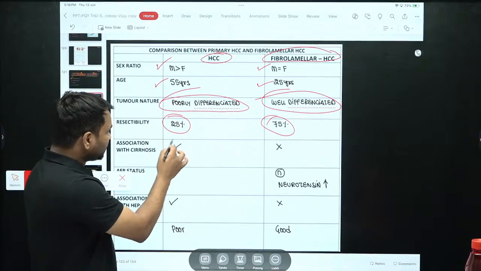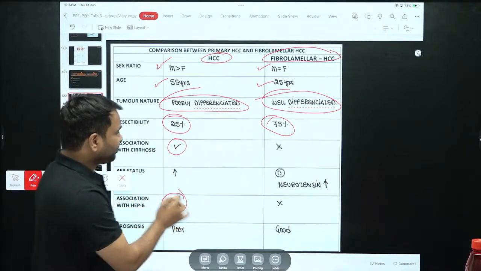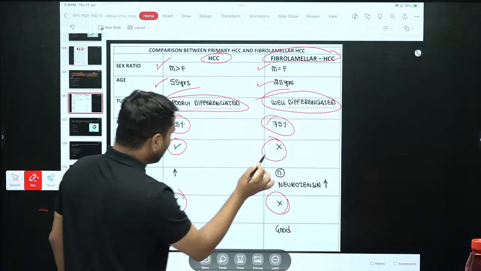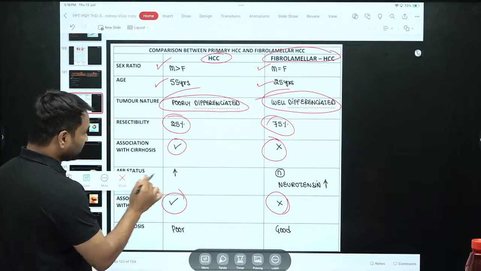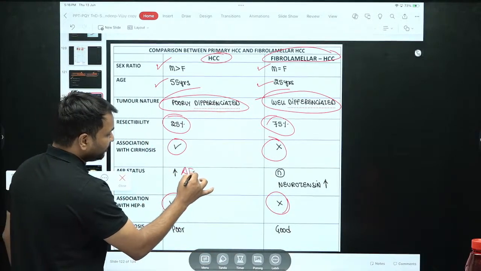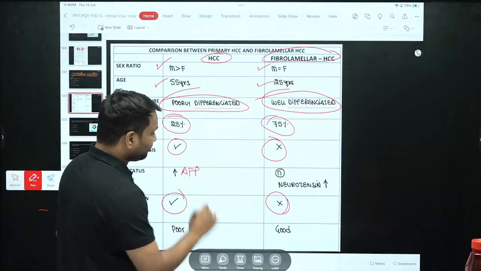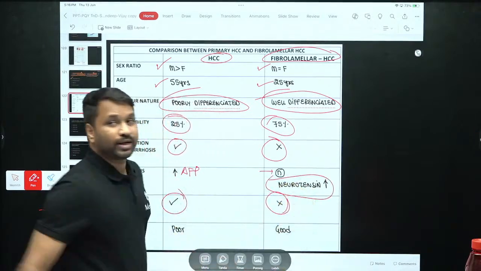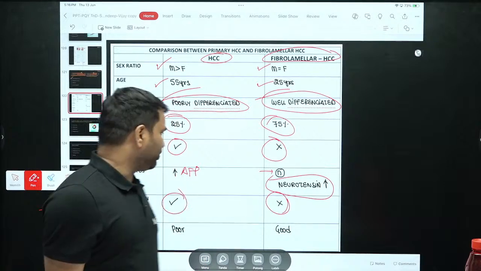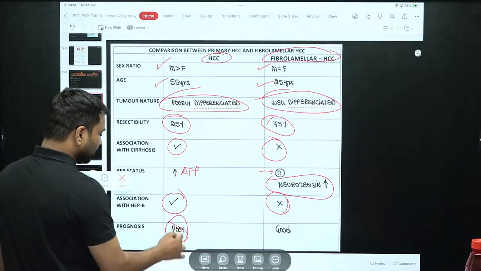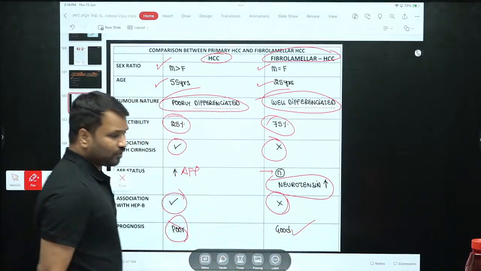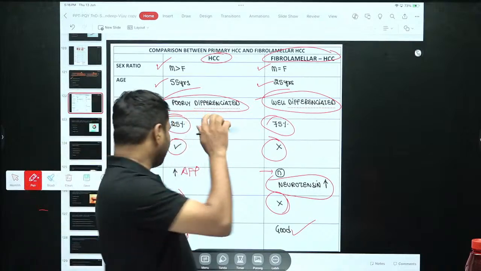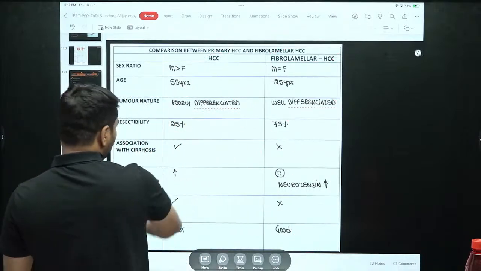Remember, HCC is associated with cirrhosis as well as hepatitis, whereas fibrolamellar variant is not associated. The tumor marker that is elevated is your alpha fetoprotein, that is your AFP level, whereas here AFP remains normal, but elevated is your neurotensin. There is another tumor marker called as B12 binding protein as well. Prognosis poor for HCC, whereas good for your fibrolamellar variant. This table is important for us to remember.